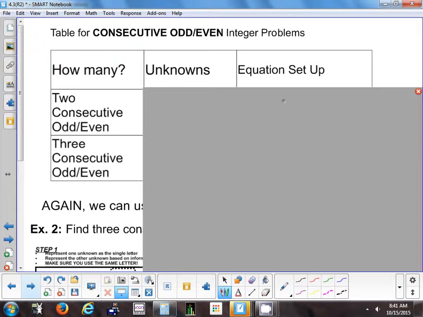All right, so again, we'll go through our setup. For consecutive even and odd problems, you're either going to have 2 unknowns or 3 unknowns. The way the unknowns work, whether it's an odd or an even problem, is the same thing.